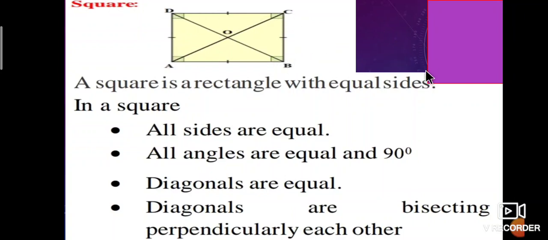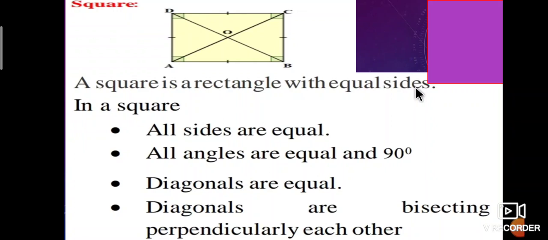So all sides are equal and all angles are 90 degrees. So what is a square? A square is a rectangle with equal sides.